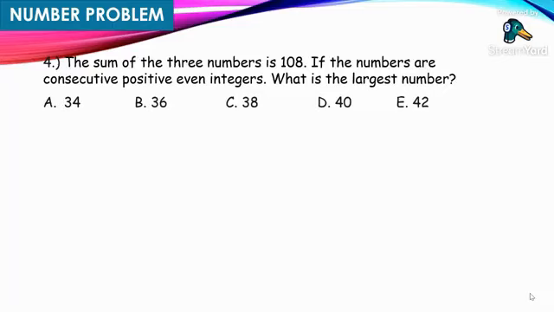Again, the sum of the three numbers is 108. If the numbers are consecutive, positive, even integers, what is the largest number? Okay? So, yung hanap po natin is positive, even integers. So, comment down your answers for problem number 4.